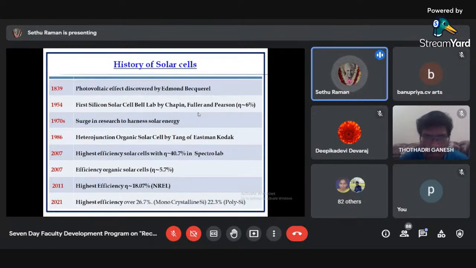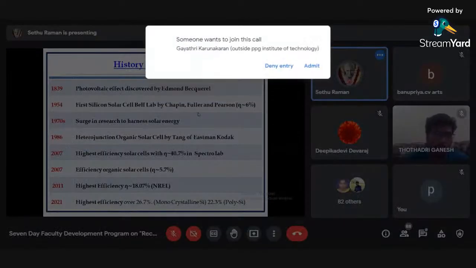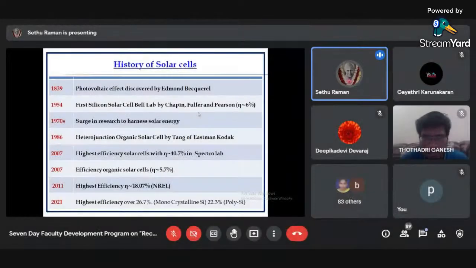Later, in 2007, the highest solar efficiency was achieved at a lab. They reported about 40.7% in multi-junction terrestrial concentrator cells, fabricating metamorphic and lattice-matched three-junction solar cells, achieving more than 40% efficiency.